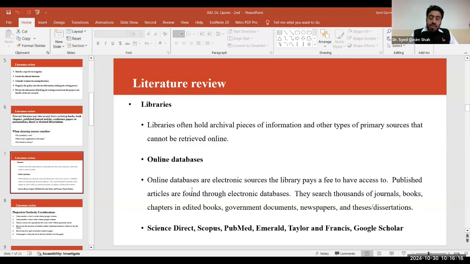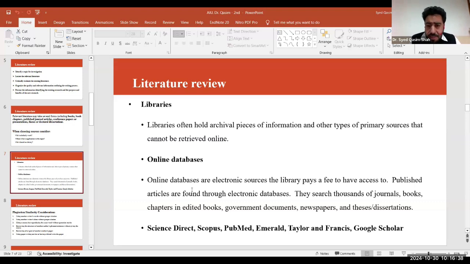Other than libraries, since we are in a very digital age, online things are available, so there are different databases. Obviously there are a few databases that are free to access, and there are databases that we need to pay for.